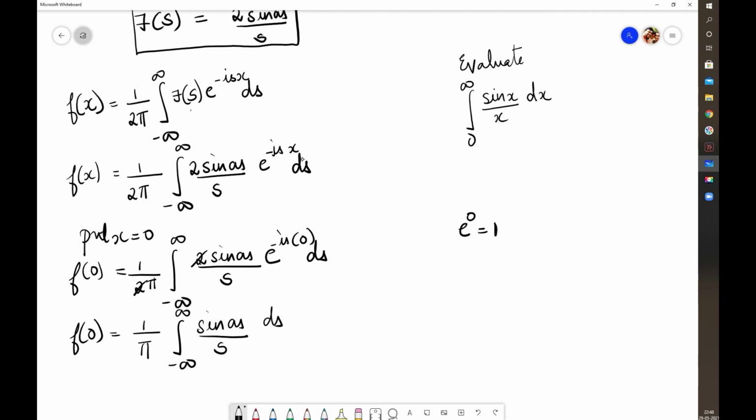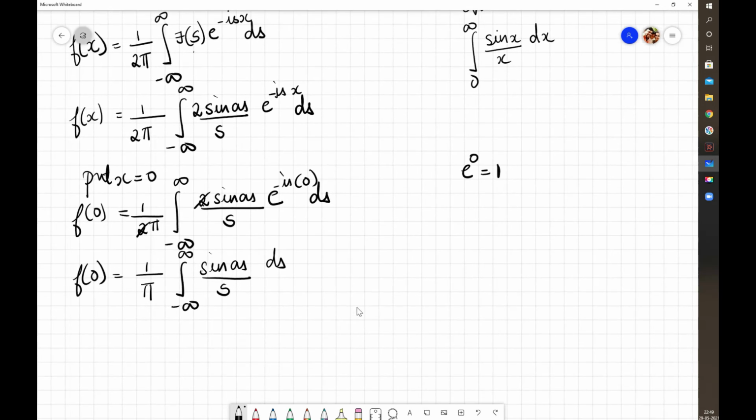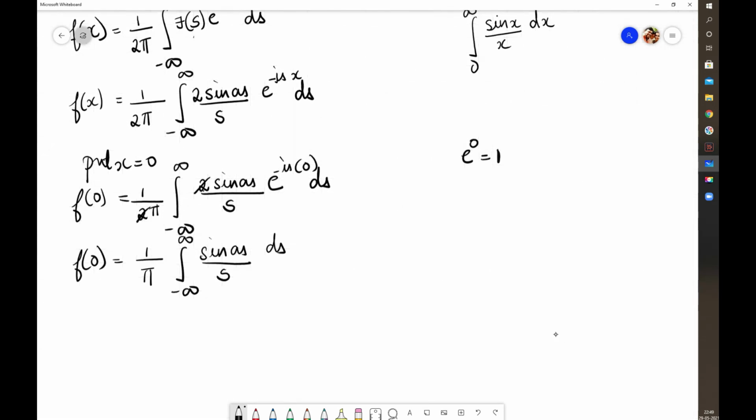Clear? Now, what am I going to do? I'm going to take this by this side. So the integral from minus infinity to infinity of sine as by s ds is going to be f of 0 into pi.